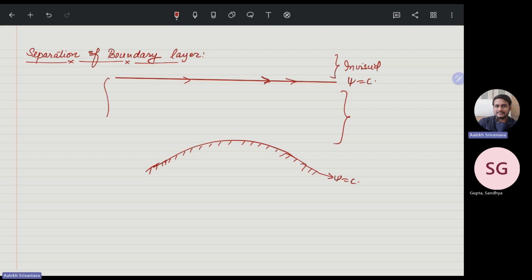As we all know, in between the streamlines, your mass is held constant. So between psi 1 and psi 2, your mass is constant. And if it is incompressible, therefore volume is also constant.